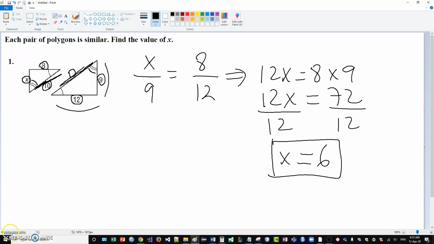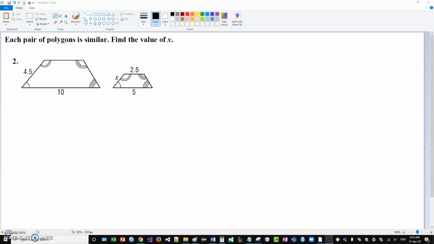Let's move on to the second example. In this case, we have two similar trapezoids, and we want to find the value of x. What side is corresponding to x? Right here, x is opposite to the angle with the 4 arcs, which is this one, and this is the corresponding angle. So this would be the side corresponding to x.